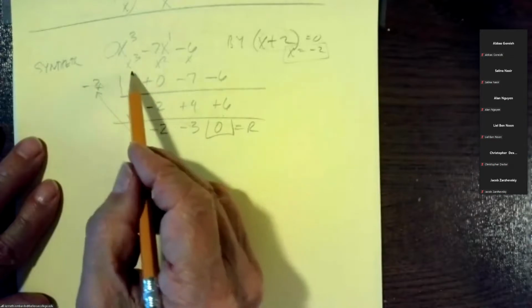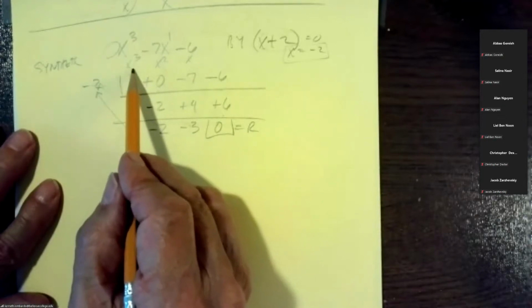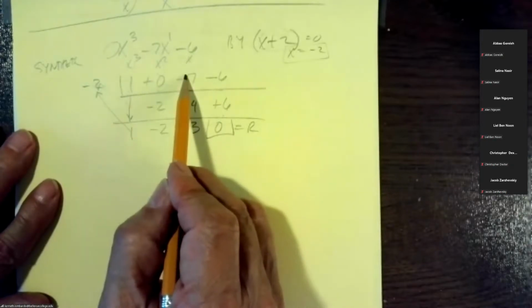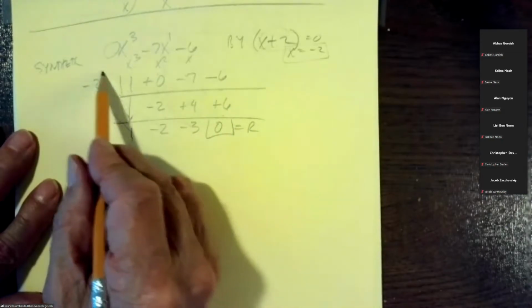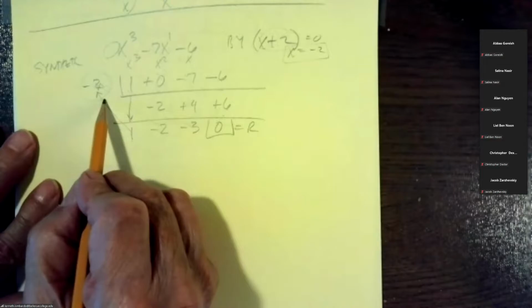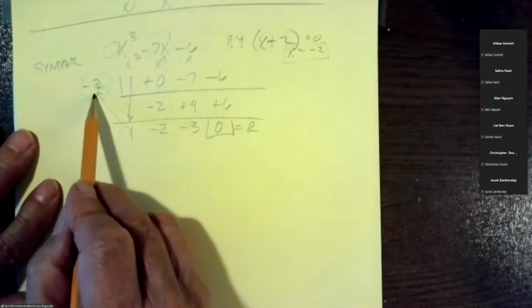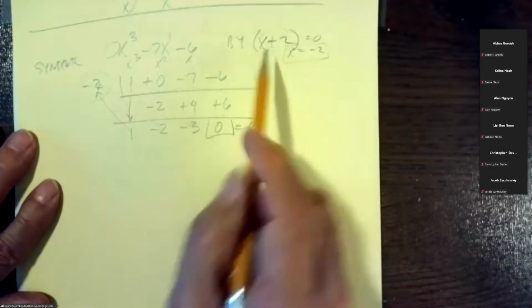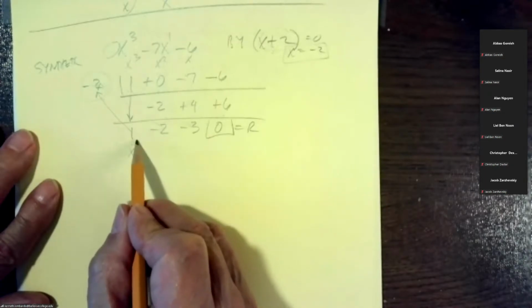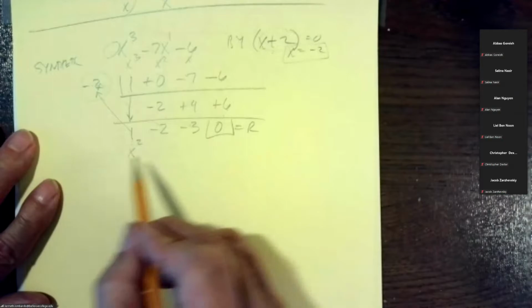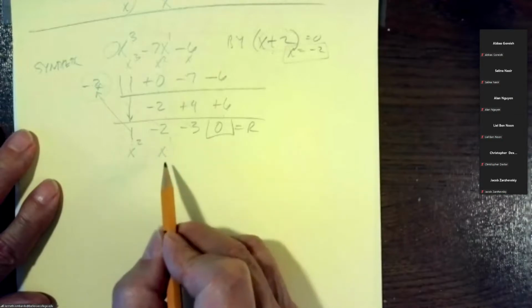Here our exponents were x cubed, x squared, x, and x to the 0. Here we're 1 less, aren't we? Because we're dividing by this value here. In factored form, that would be x plus 2. So these are all reduced by 1 exponent. So this would be 1 of the x squareds. This would be 2 of the x to the 1s.